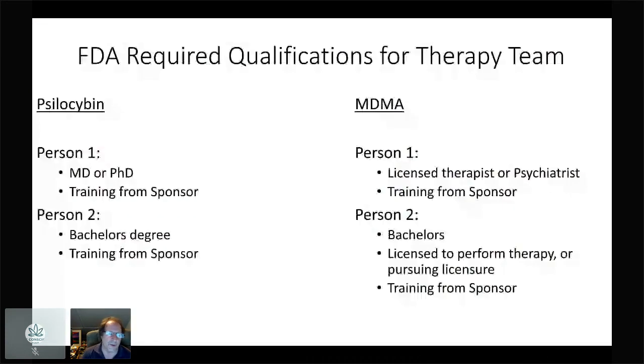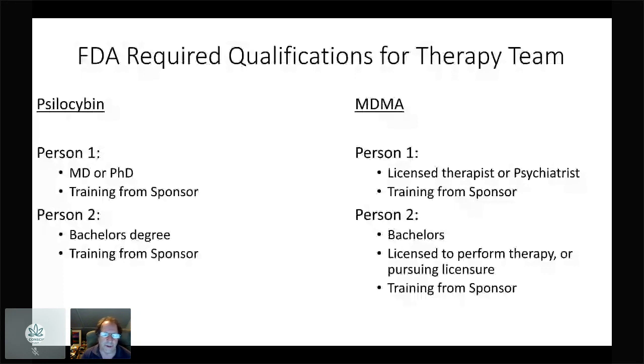So this is one of the things we're negotiating with FDA now. This is something that's going to be of interest to Compass, to USONA, to all others as well. FDA first approved our phase 3, where the lead person is a licensed therapist, or it could be a psychiatrist, and they've trained by us.